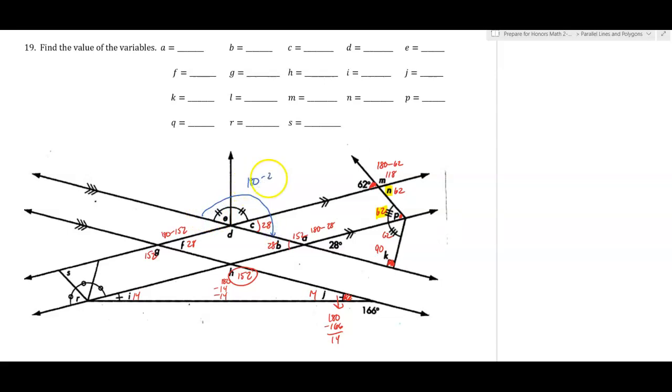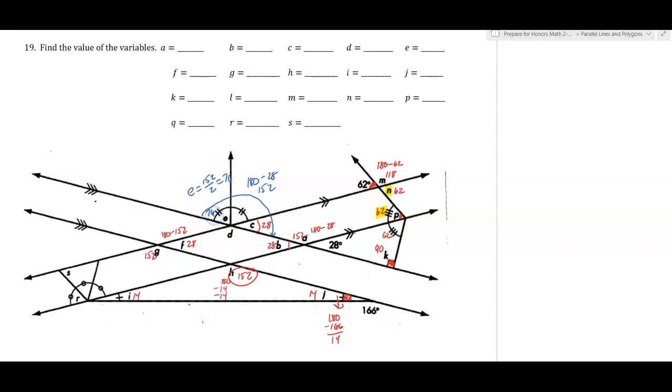So if I do 180 minus 28, 180 minus 28, that would give me 152. Now think about this. If that's 152, and these two angles are congruent, E is basically 152 divided by 2, which is going to give you 76 degrees.